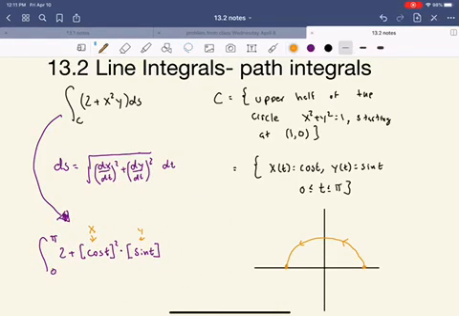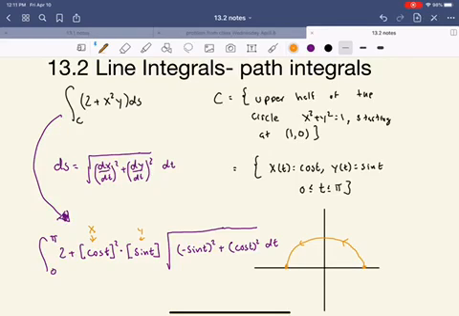Now, we're going to have the square root. In this case, x prime is going to be negative sine of t, squared, plus the derivative of sine of t, which is cosine of t, squared, dt.